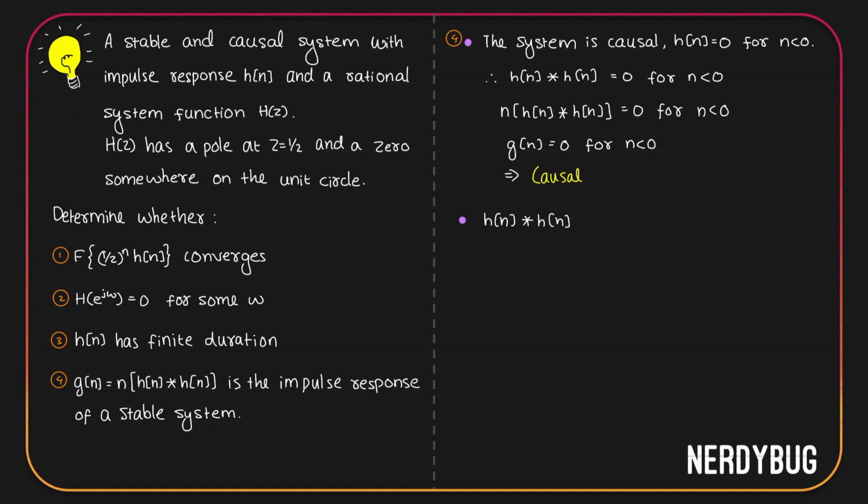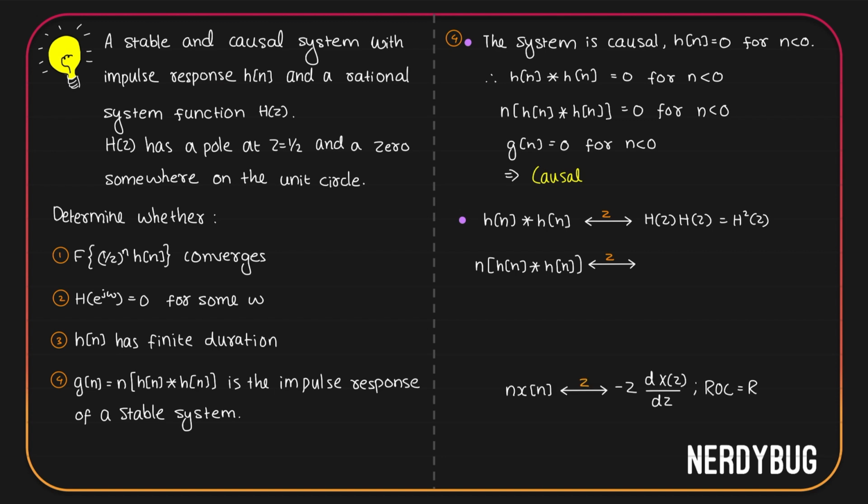Again, let us take the convolution of h of n with h of n. Z transform of h of n is h of z. So the Z transform of the convolution is going to be h of z multiplied by h of z, that is h square of z. We have to find the Z transform of n multiplied by convolution of h of n with itself. We can use the differentiation property here.